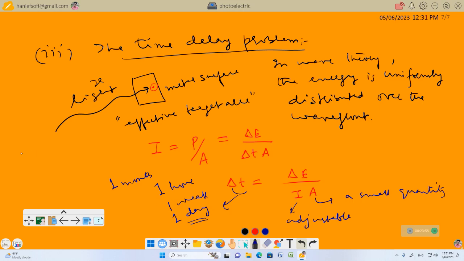But in practice, when experiments are conducted, no detectable time lag has been measured.